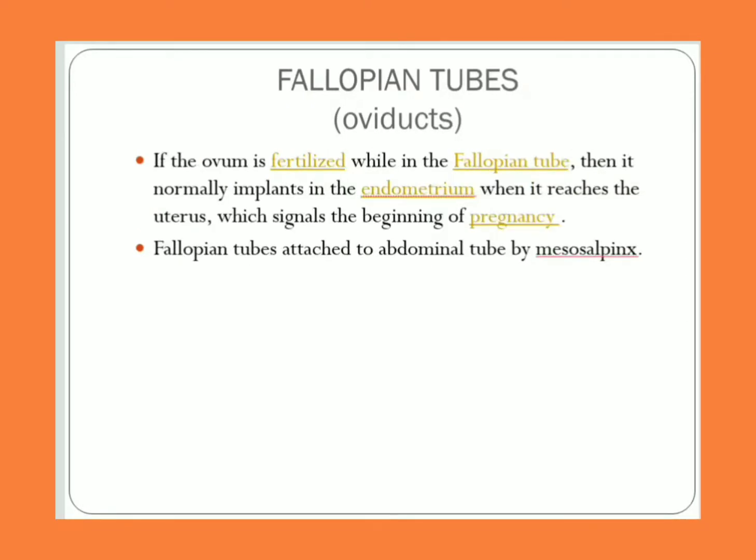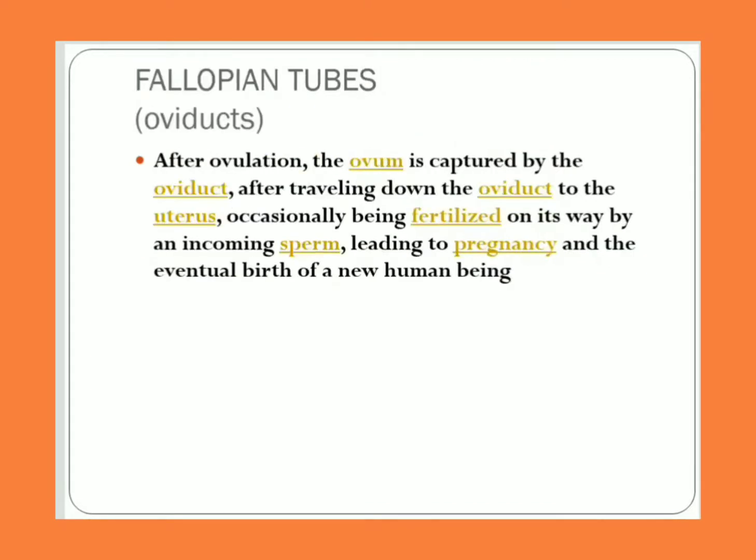If the ovum is fertilized in the fallopian tube, then it normally implants in the endometrium when it reaches the uterus, which signals the beginning of the pregnancy. So after ovulation, the ovum is captured by the oviduct. After traveling down the oviduct to the uterus, occasionally being fertilized on its way by an incoming sperm, leading to pregnancy, and eventually the birth of a new human being takes place.